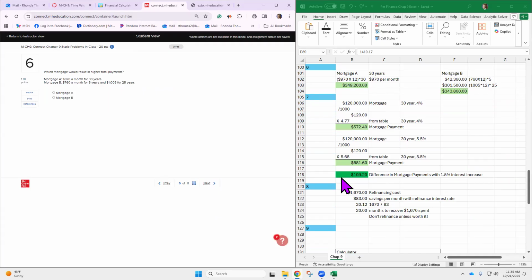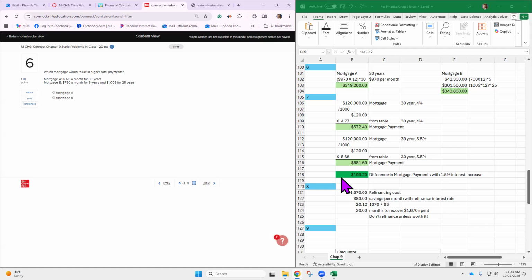So we're going to add up what these come to. You take this times 30, and then this takes 2 calculations, 760 times months, and then times a year.